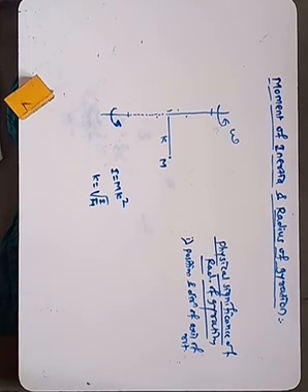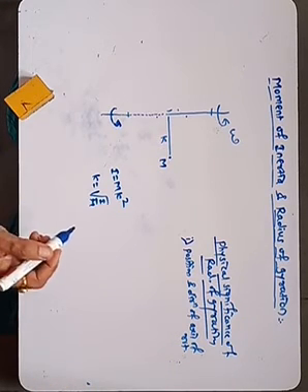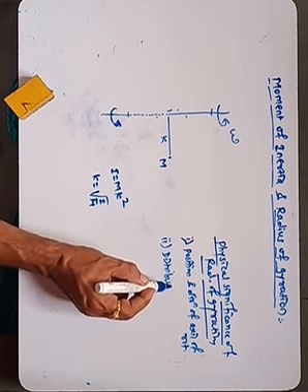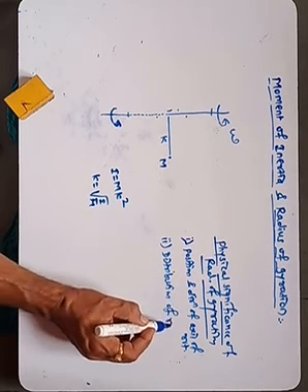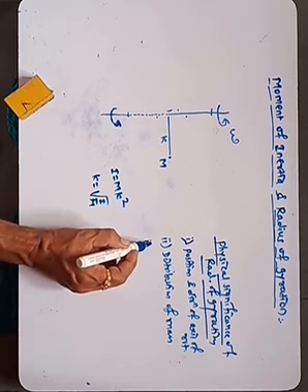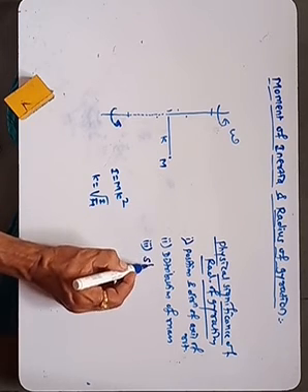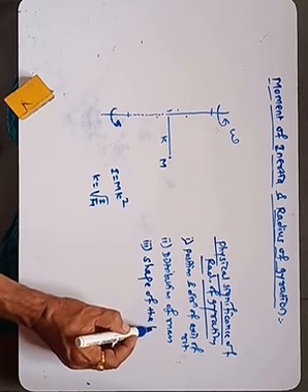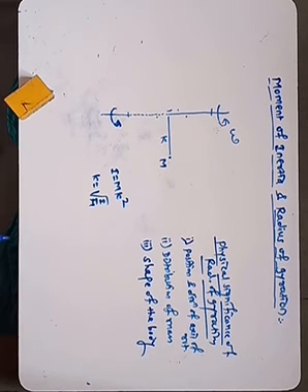If direction and position change, then the radius of gyration changes. Second, the distribution of mass. If mass distribution changes, then again the radius of gyration changes. And third, the shape of the body. If the shape of the body changes, then again the radius of gyration changes.